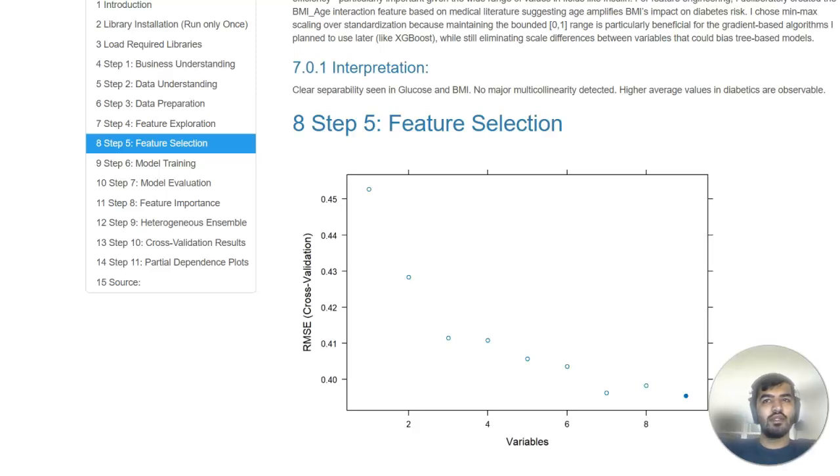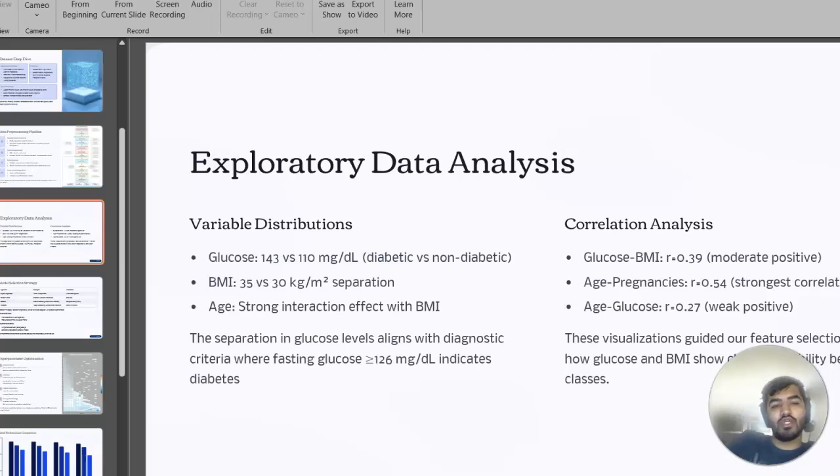The results highlight glucose, BMI, and age as the top predictors, which aligns with medical literature on diabetes risk factors. While I kept all features for model building, this analysis provided valuable insight into the feature importance that helped validate later modeling results. This is how the variable distribution looks.